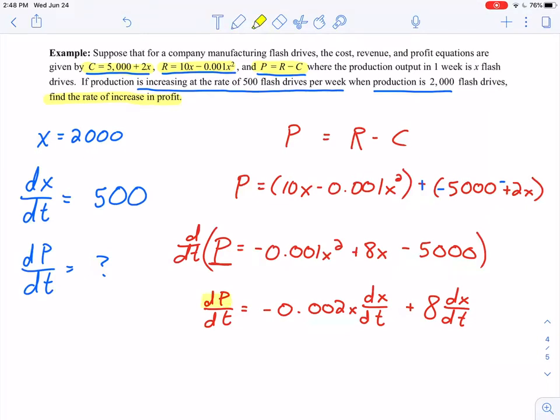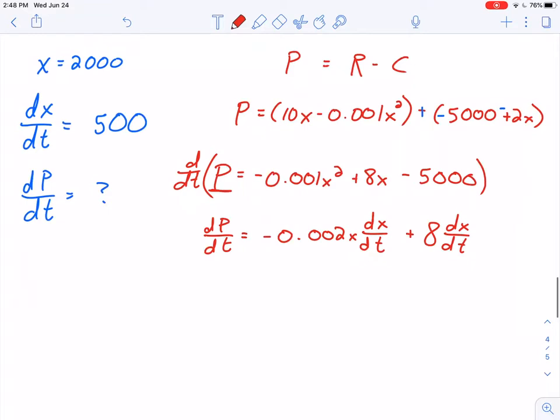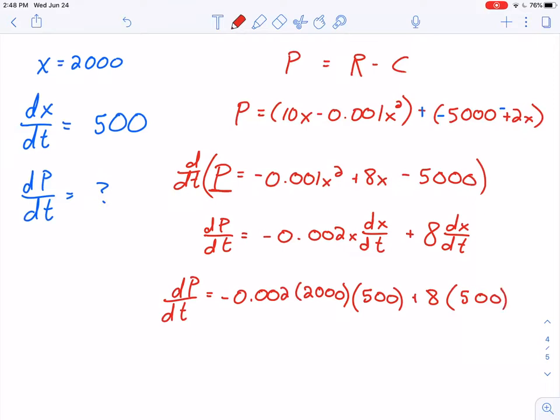So I'm looking for dp over dt. I have x, I have dx over dt. Let's take the information that we know and plug it in. We should be able to solve here. dp over dt is equal to negative 0.002 times x, that's 2,000, times dx over dt, that is 500, plus 8 times dx over dt, dx over dt is 500.